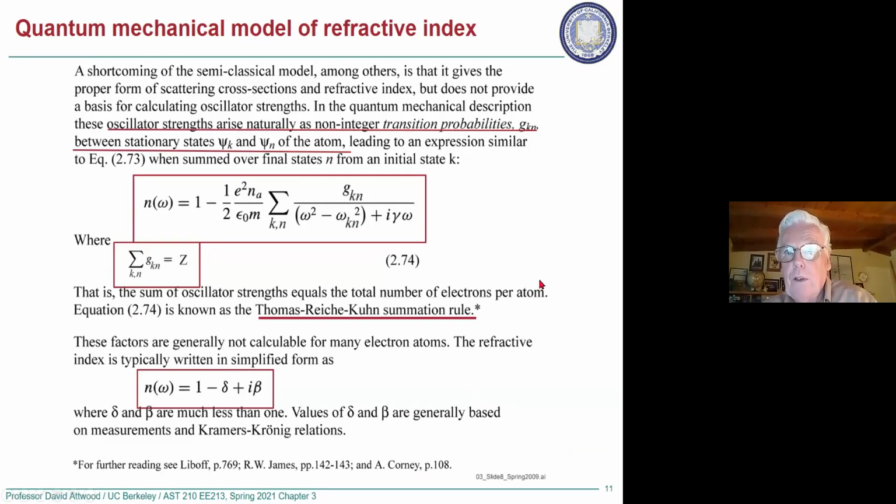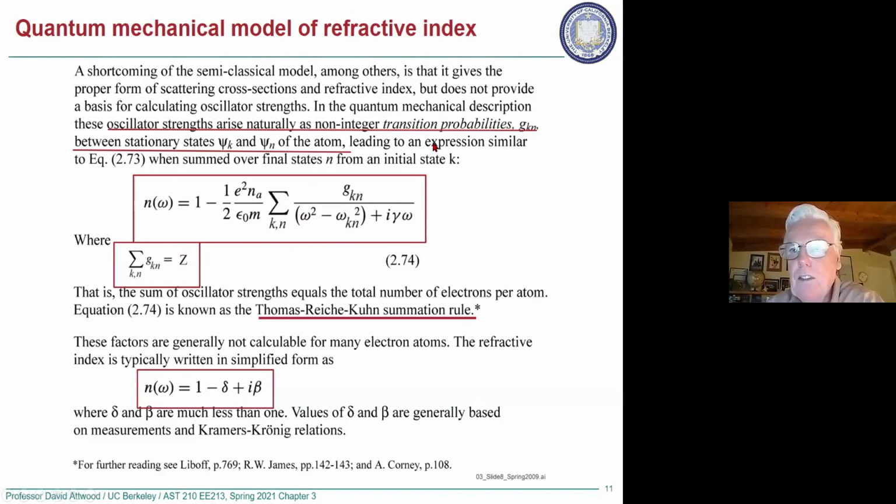So now for the quantum description. This looks the same as what we had on the previous slide. This is the refractive index. And now we're talking about a quantum mechanical description with oscillator strengths, the g sub kn. It's a double index. So these are now transition probabilities, and they're fractional.